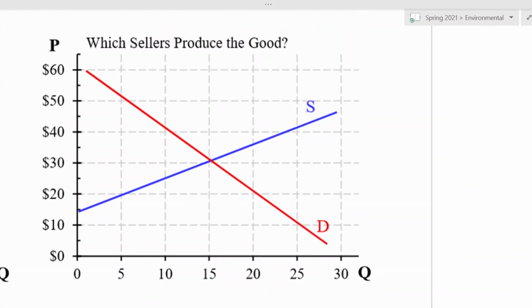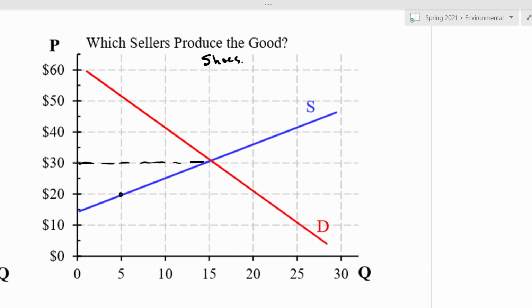From the producer side, again, we have the people with the lowest costs here. There's somebody who can sell these shoes for $20. They're going to get $30, so they're going to produce it. Somebody here, $25, they'll get $30, they'll produce it. There's some people up here who it costs them a lot to make shoes.